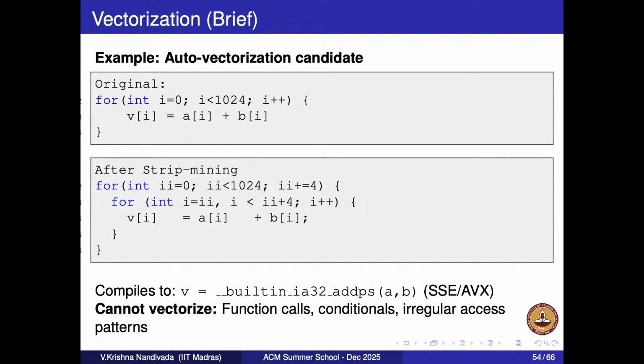Then I have to add A16 and B21. So they are not contiguous. The compiler cannot tell whether I am accessing contiguous elements of data or not. Then I cannot vectorize. For me to vectorize, I should be doing some operation on contiguous elements.